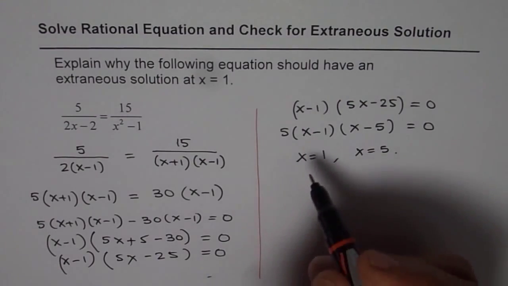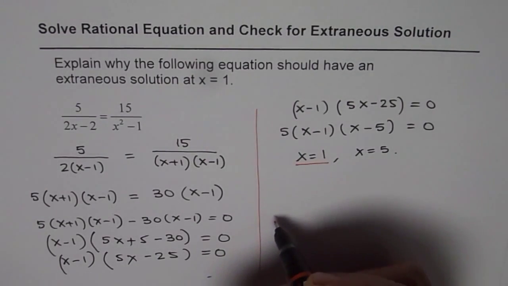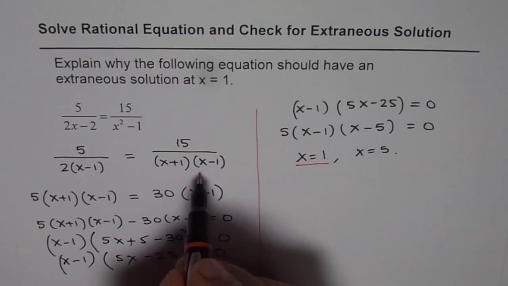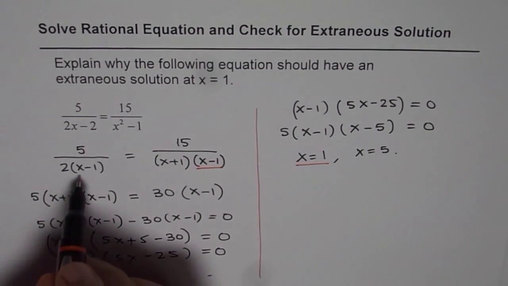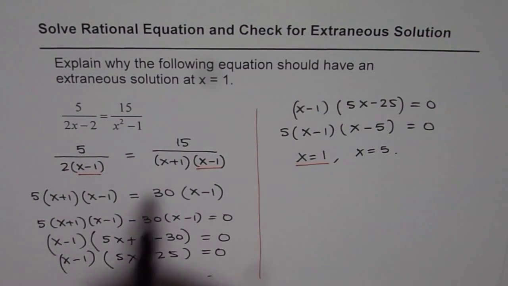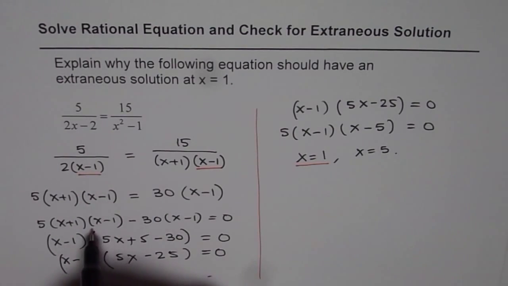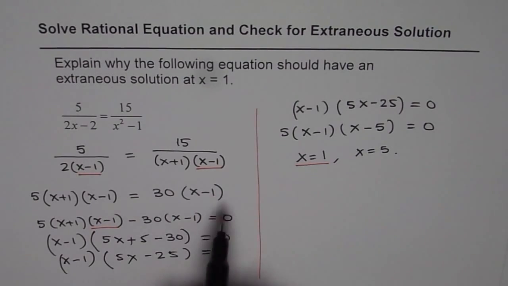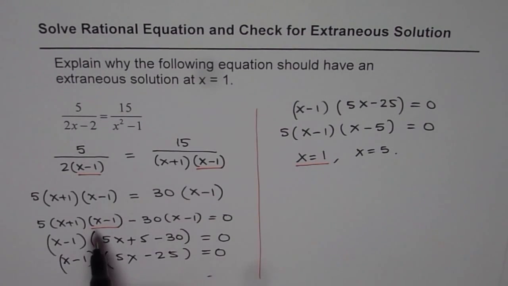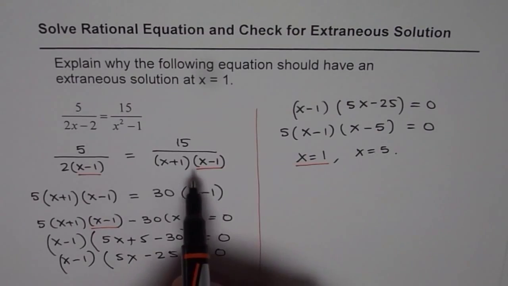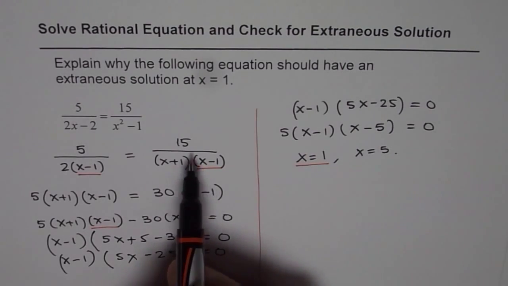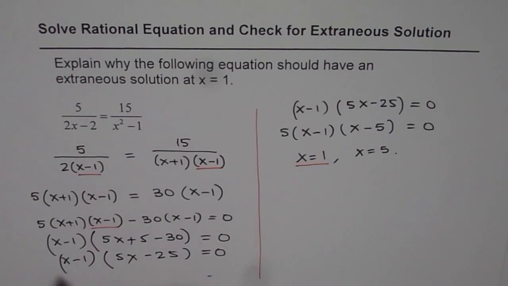Now the question is, how did we get this answer? We got it because there was an x minus 1 factor, a common factor in the denominator, which we multiplied with. Do you see that? Now, if we are equating it to 0, then we cannot multiply by 0 on both sides. That is an error.